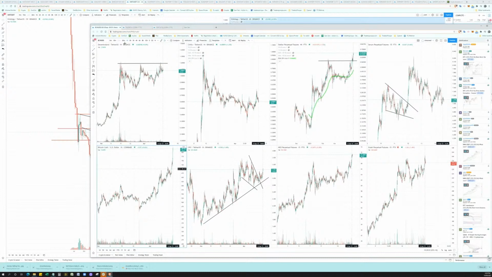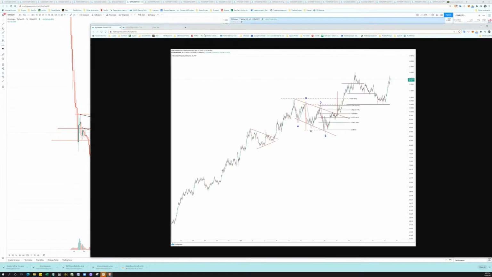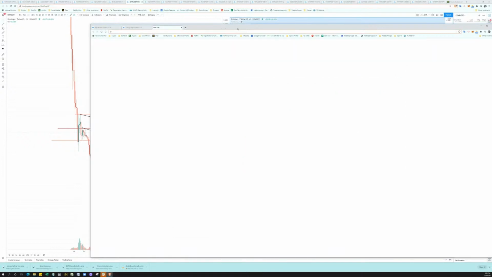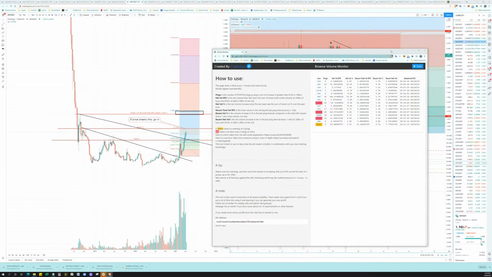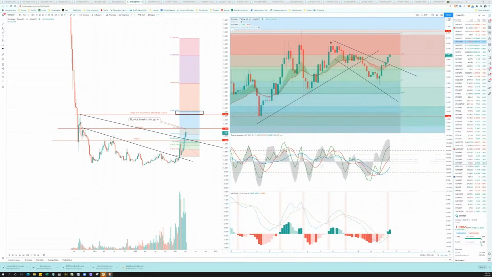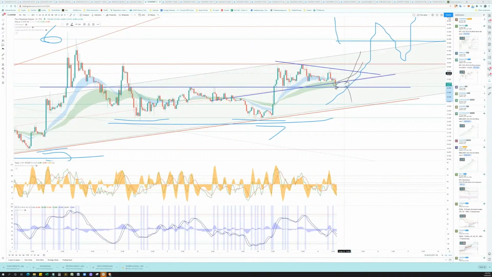So let's have a look at Bitcoin Cash. Sorry, perp. Yeah, so flow's dropping now. So that's probably going to come down to this blue level, which is okay.